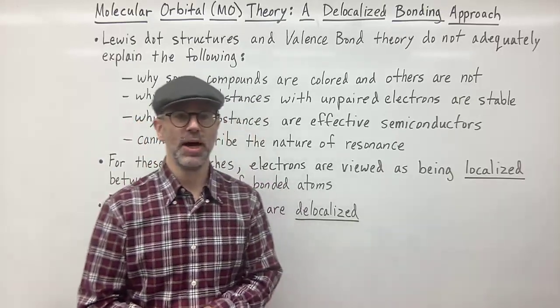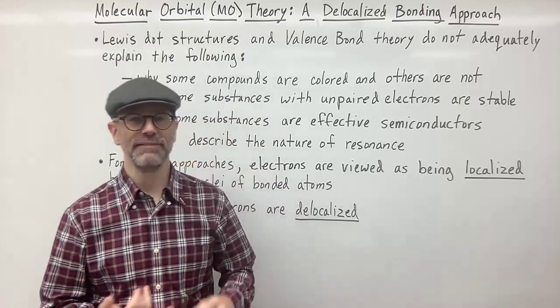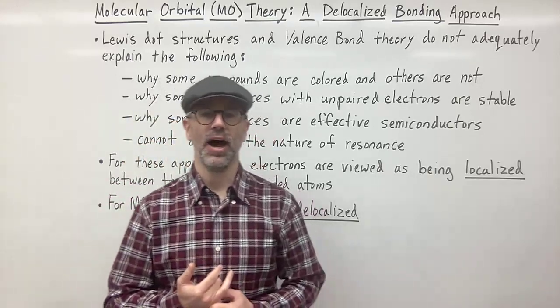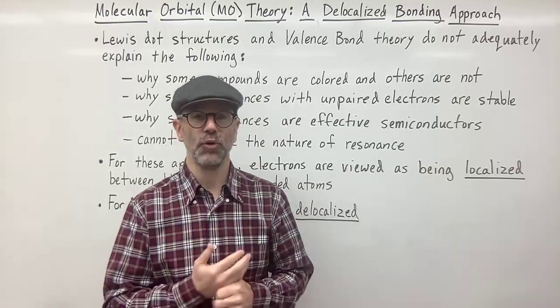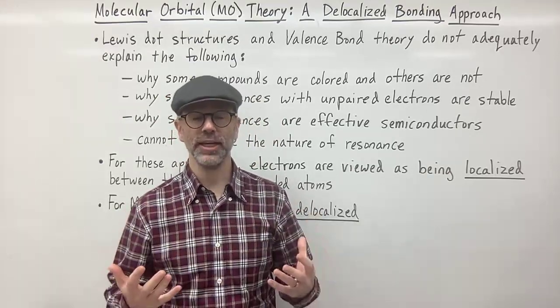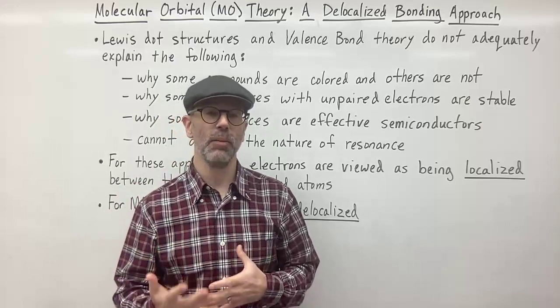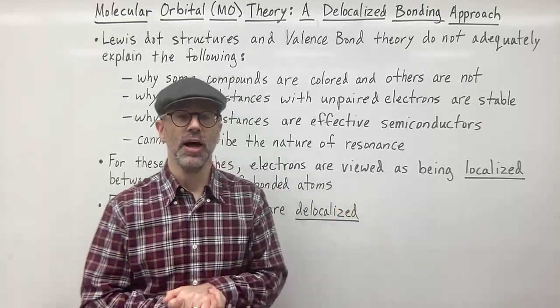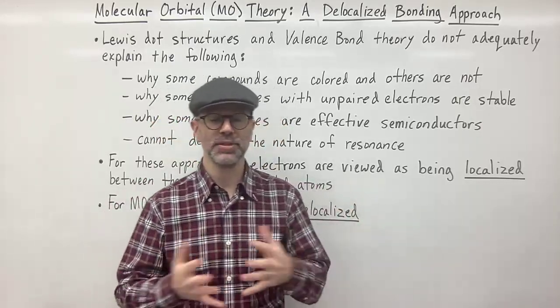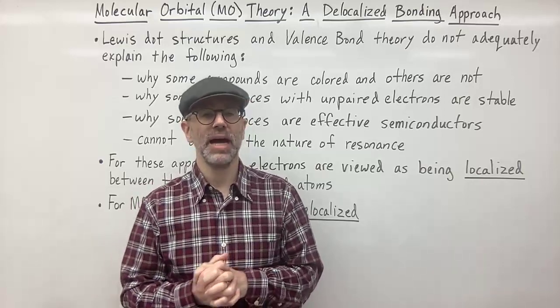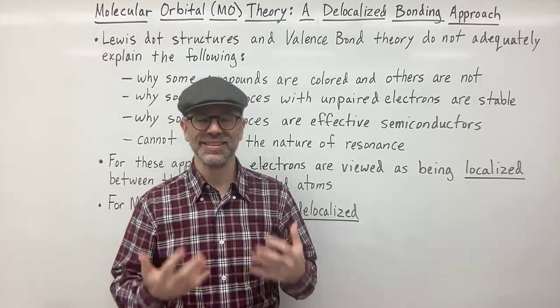When we're talking about Lewis dot structures and valence bond theory, these theories don't adequately explain everything, right? Valence bond theory does explain some things well, better than say Lewis dot structures, such as shapes and things like that. But it's not perfect. There are still things it doesn't explain.